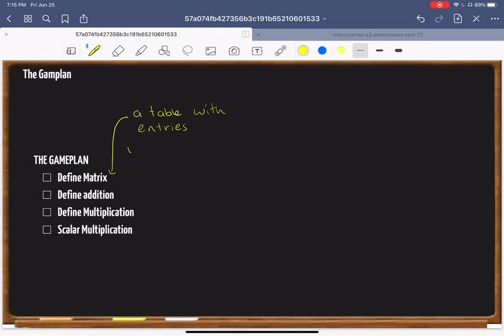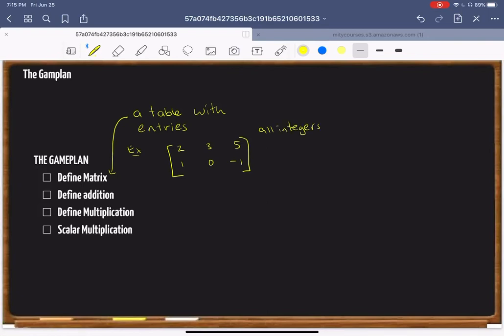For example, here's a simple example. Suppose I have a table here with a few numbers: 2, 3, 5, 1, 0, -1. This would be a table of numbers, and these numbers all happen to be integers.